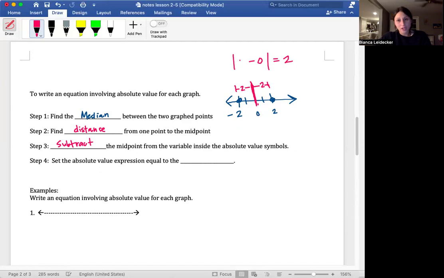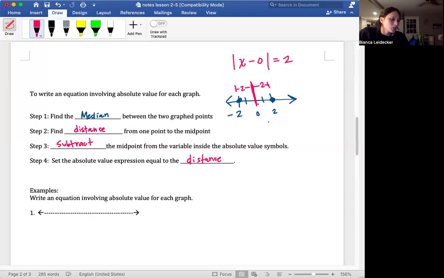And we're going to create our own equation, so we're going to put in a variable. Step 4, set the absolute value expression equal to the distance. Because I know that the distance on both sides is 2, my absolute value is 2.